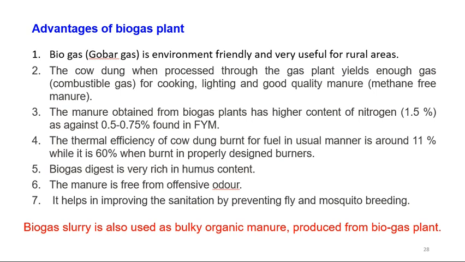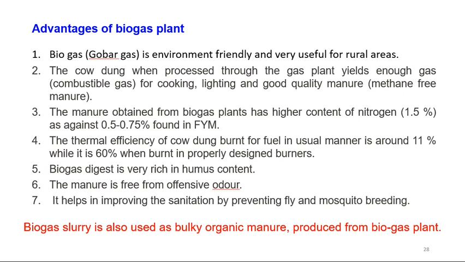The thermal efficiency of cow dung burnt for fuel in the usual manner is around 11%, while it is 60% when burnt in properly designed burners. Biogas digest is very rich in humus content. The manure is free from offensive odor.